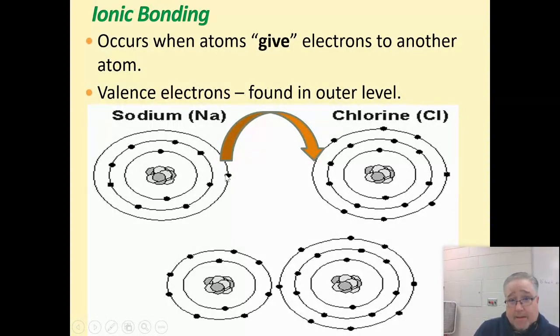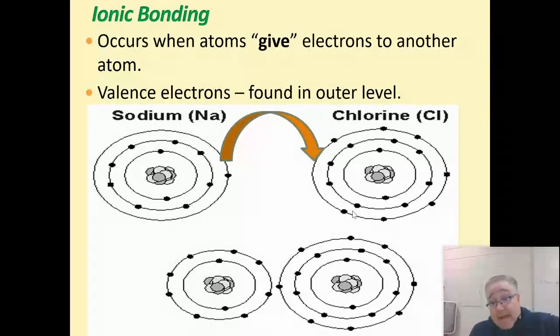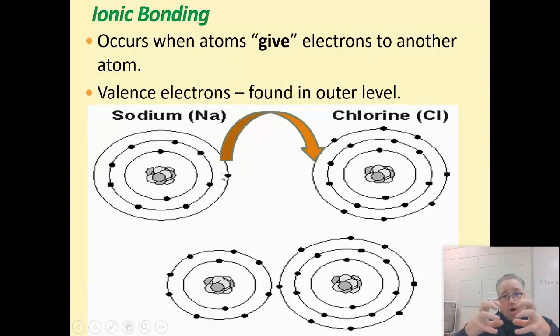Now, chlorine has 7 valence electrons. Again, it's not happy. It wants that full outer layer. So chlorine could get rid of 7, or it could gain 1. So obviously chlorine wants to gain 1. These two atoms are like a perfect match.